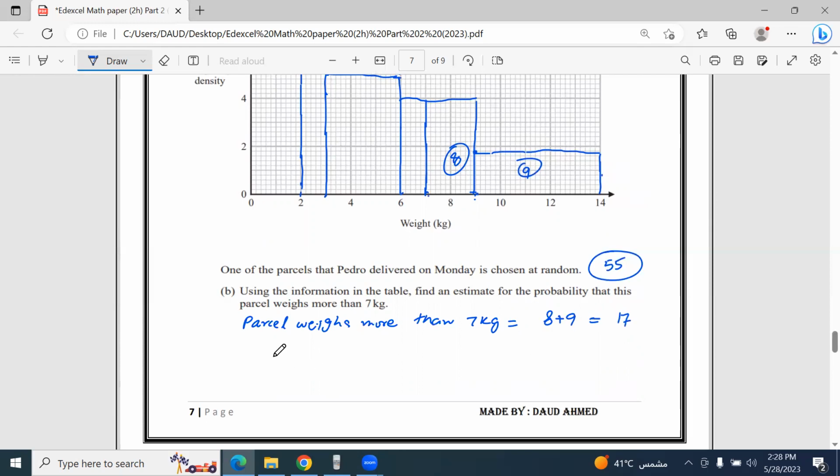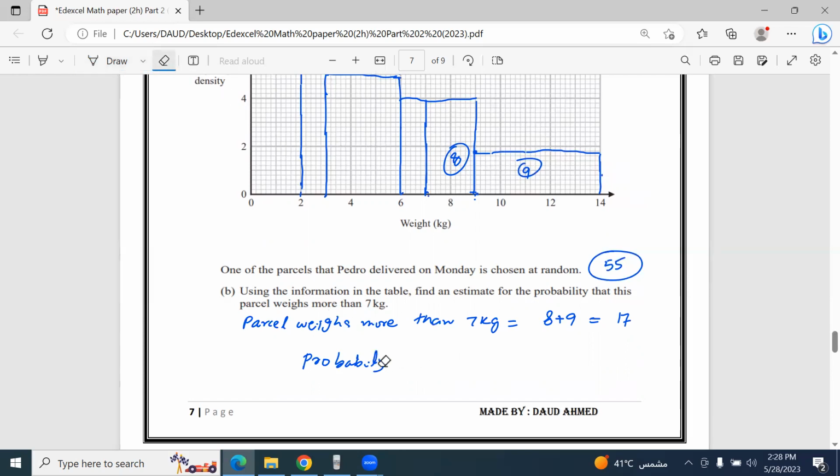Now what is the probability of parcel weight more than 7 kg? Yes, probability.